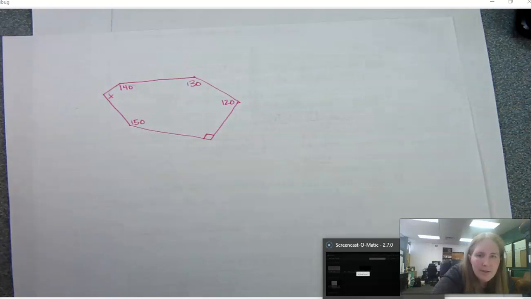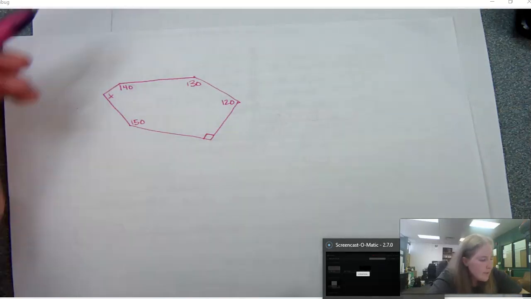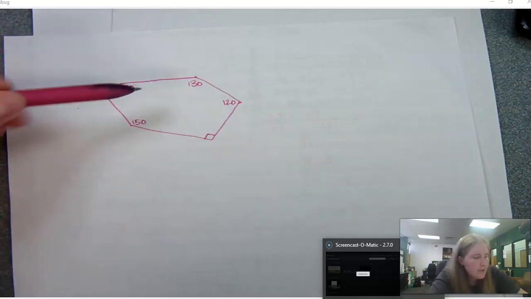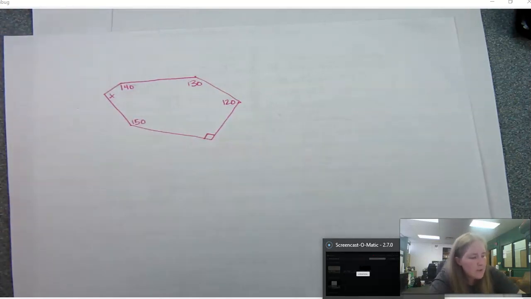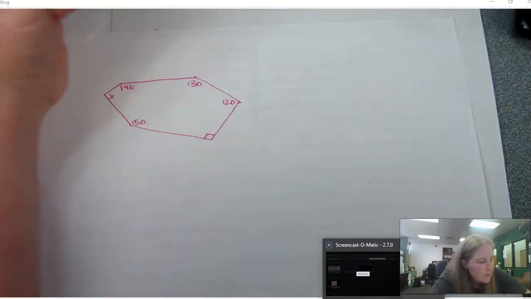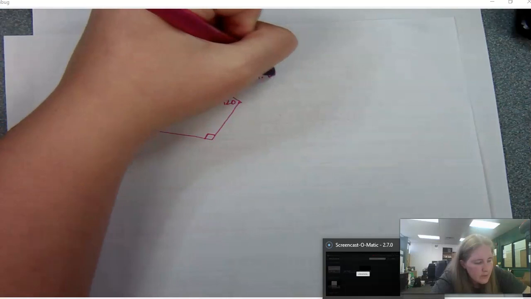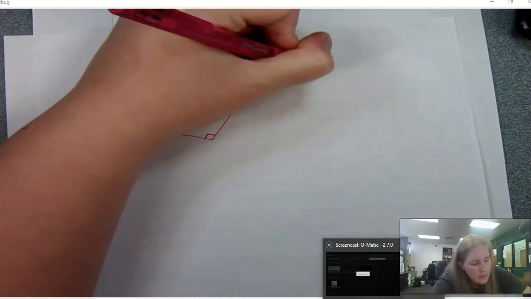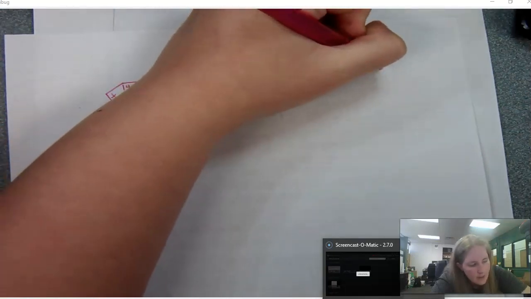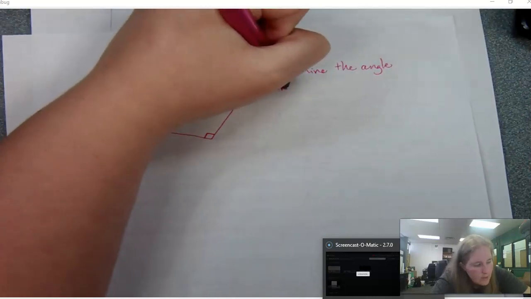Okay, and I have this drawn on mine. So what we are going to do is figure out how to solve for x. Our first step is to determine the angle sum. So write that, determine the angle sum.